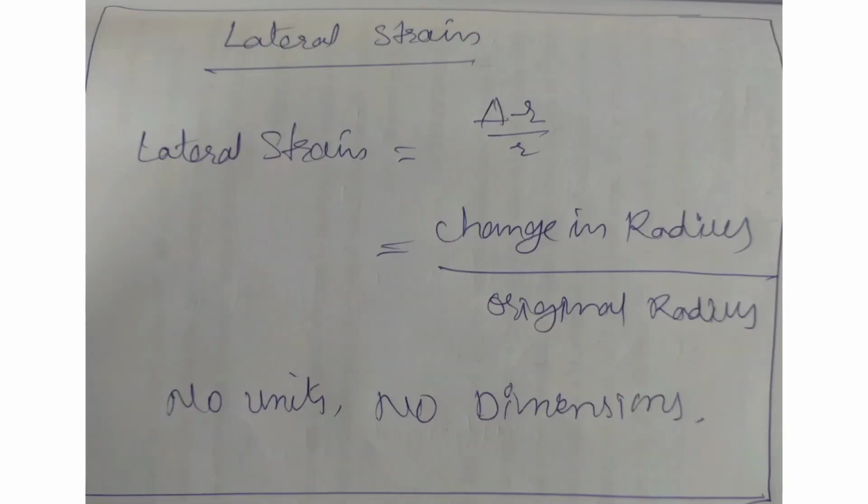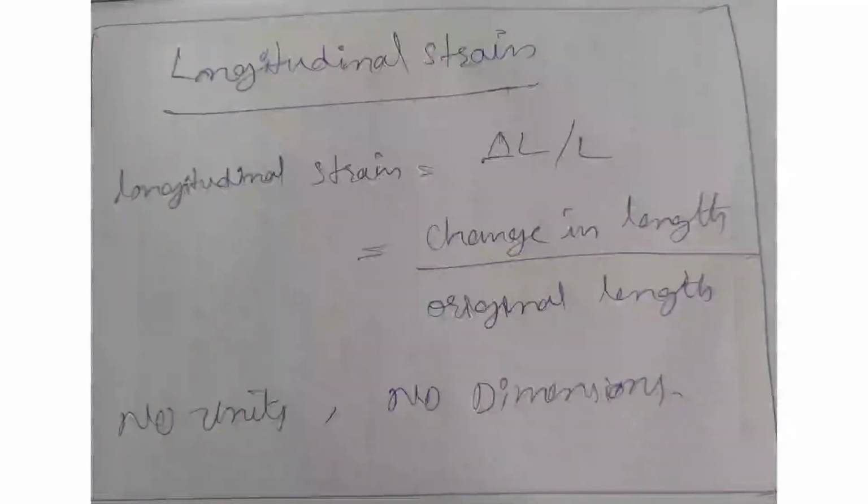Lateral strain is the ratio of change in radius to the original radius, and longitudinal strain is the ratio of change in length to the original length.